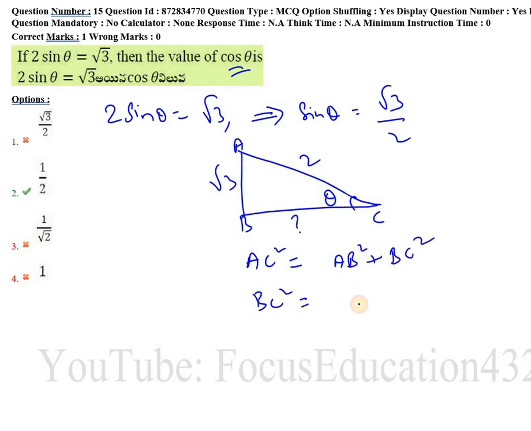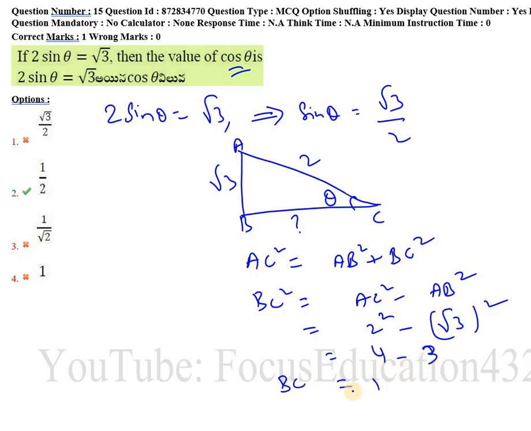We need to find BC square, that means AC square minus AB square. AC square is 2 square minus AB square, root 3 square. 2 square is 4. Root 3 into root 3 is how much? 3. So BC square is 1. If BC square is 1, then what is BC? Root 1, that is also 1. So we get this value as 1.